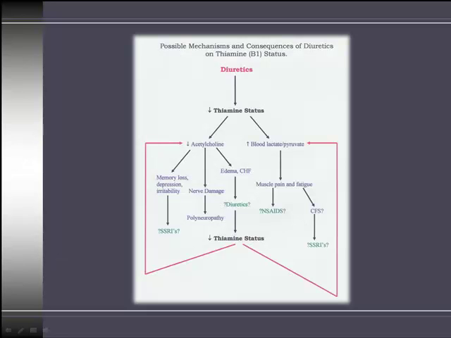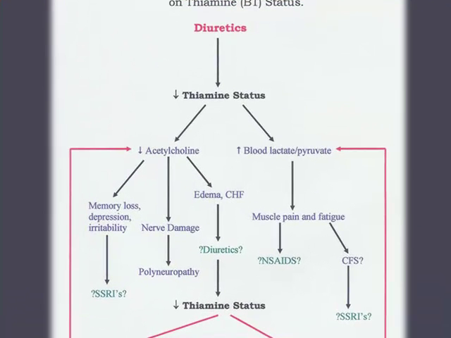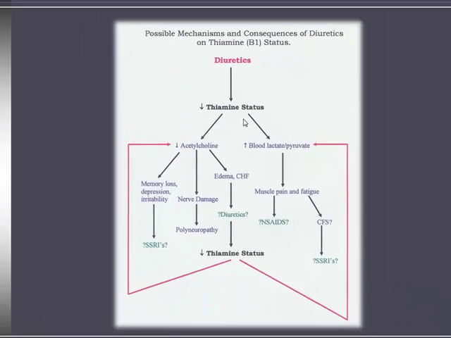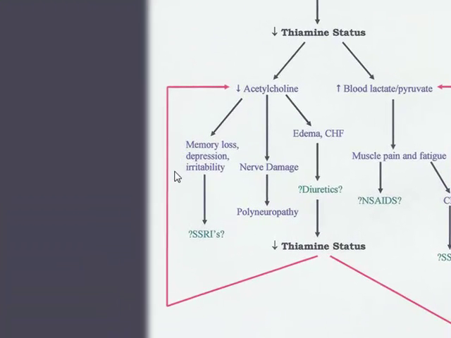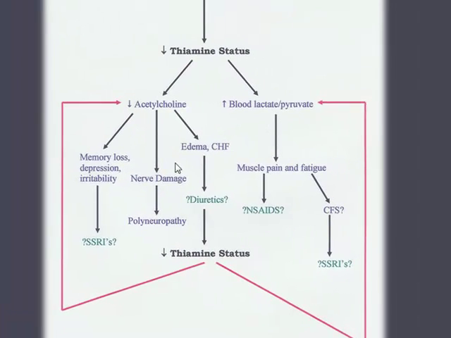This next slide talks about the downstream consequences of thiamine deficiency. Thiamine is actually vitamin B1, and what you can see here downstream, when gluten induces thiamine deficiency, we can get memory loss, depression, irritability. We can develop nerve damage and subsequent neuropathy. We can develop edema and congestive heart failure, as well as muscle pain and fatigue.